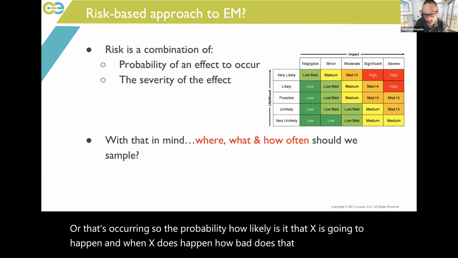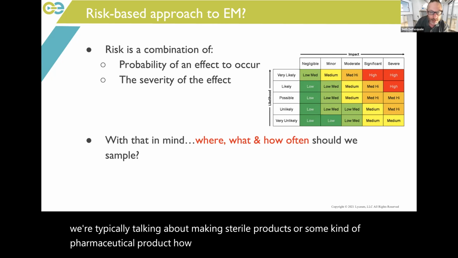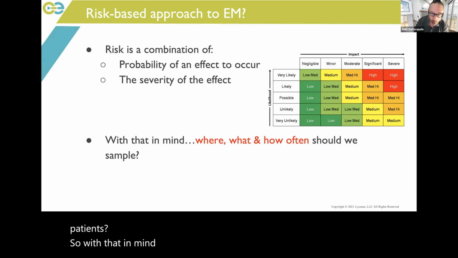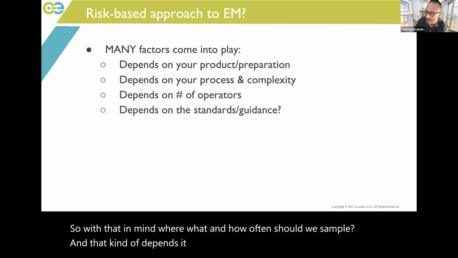In this case, we're typically talking about making sterile products or some kind of pharmaceutical product. How is that going to affect our patients? So with that in mind, where, what, and how often should we sample? And that kind of depends. It depends on a few different factors.